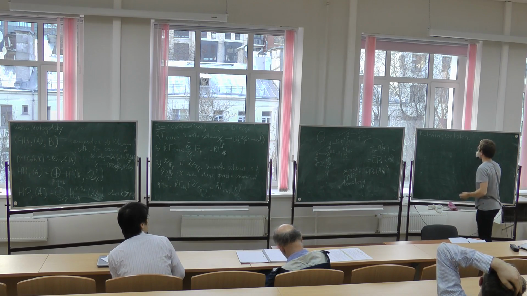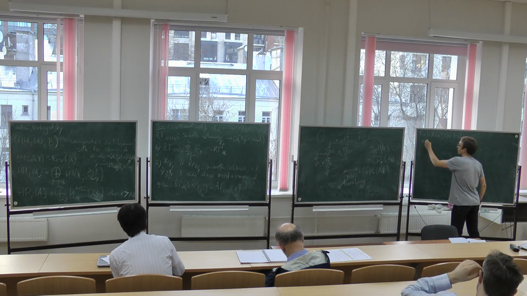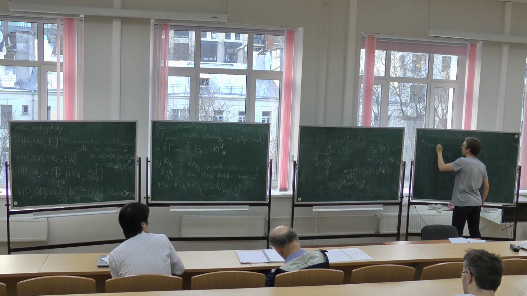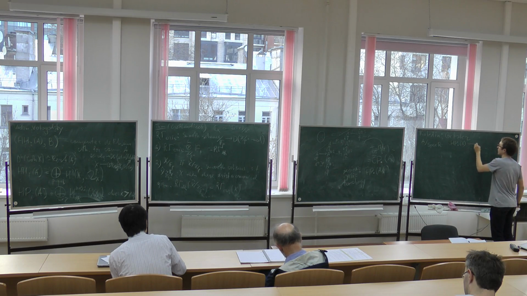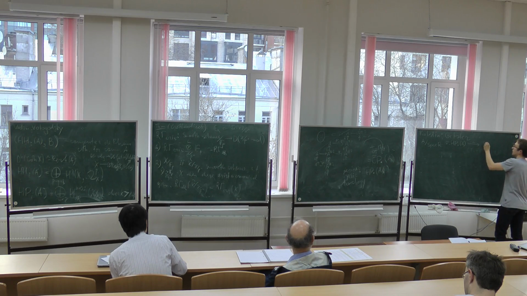If I have, say, a DG algebra A over some, maybe affine base, just for simplicity, then its periodic cyclic homology makes it a flat connection.